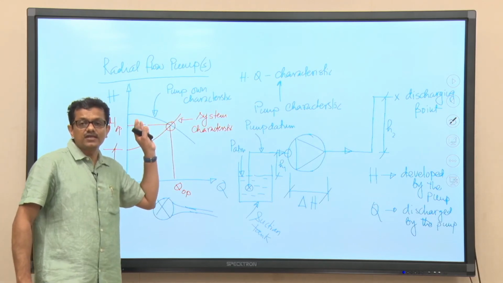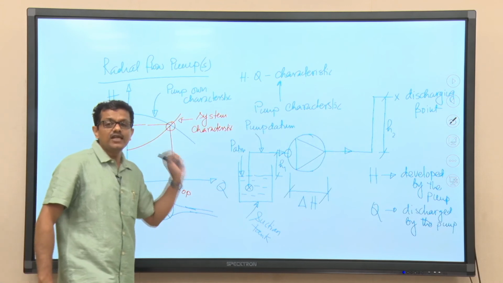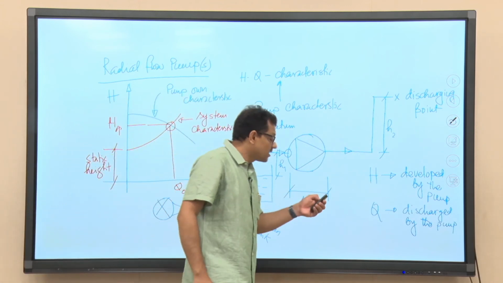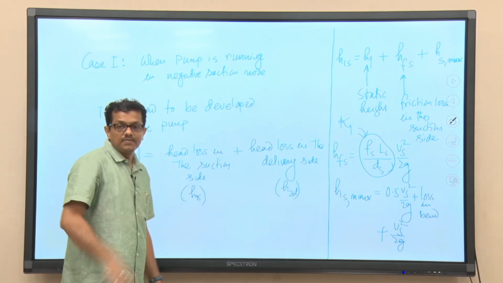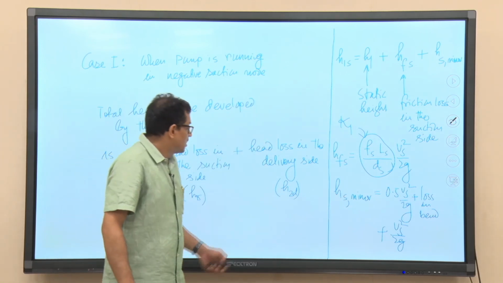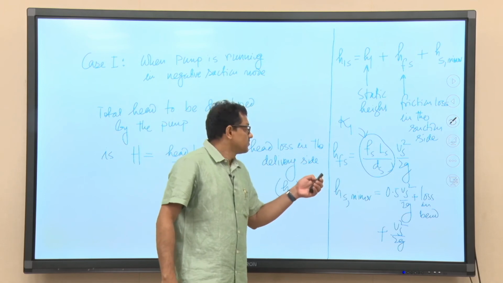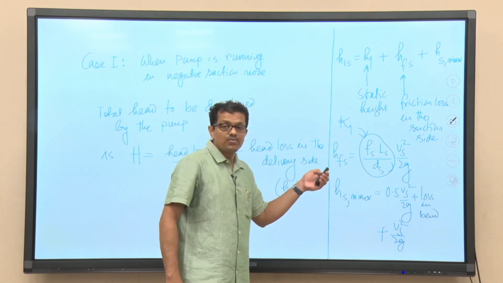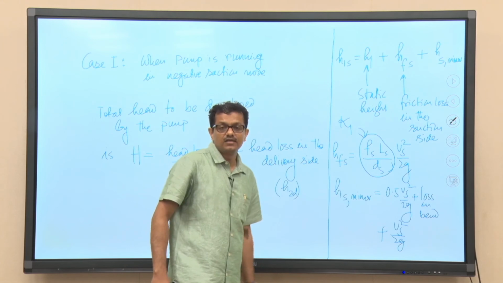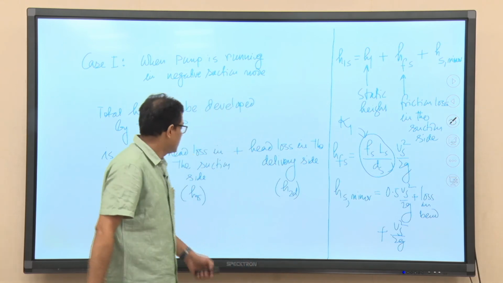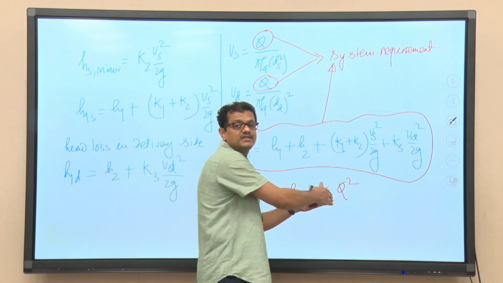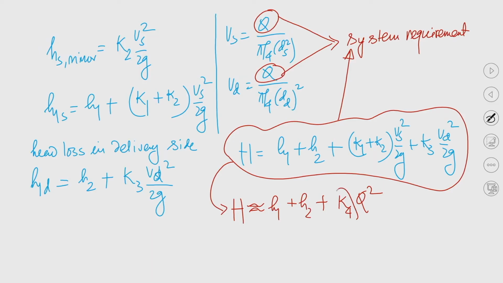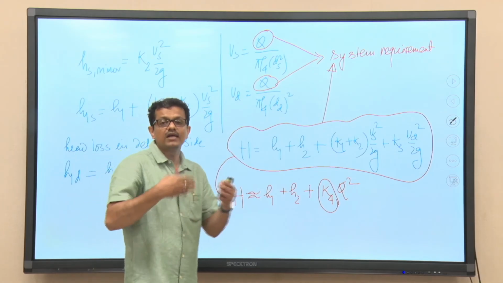What I would like to discuss over here is, if we have calculated the system resistance, both in the suction side and delivery side, wrongly, then perhaps this K4 value will change. So, the magnitude of this constant K4 will essentially depend on the accurate design of the system.